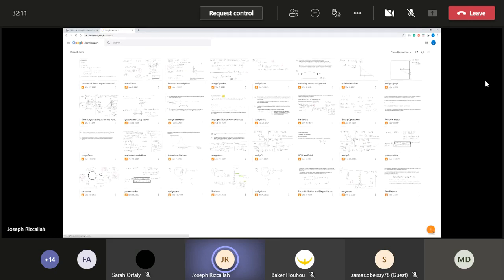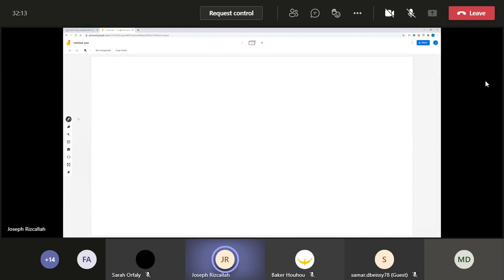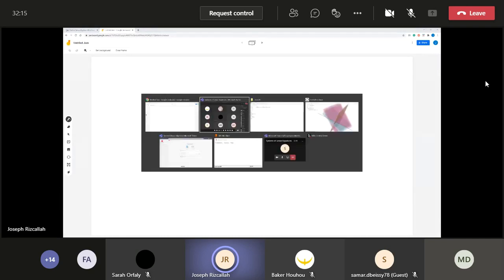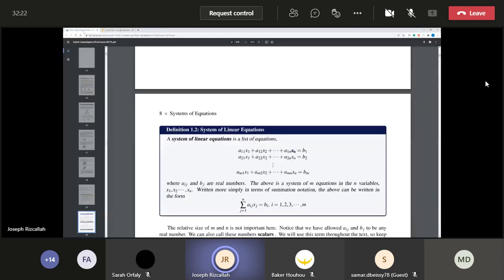I'm not sure that I can copy. Where is the book? Okay, the book is here. M times n, yeah. Why? Let me see, can I copy this? No copy. I can't copy it, so I'm going to rewrite it.